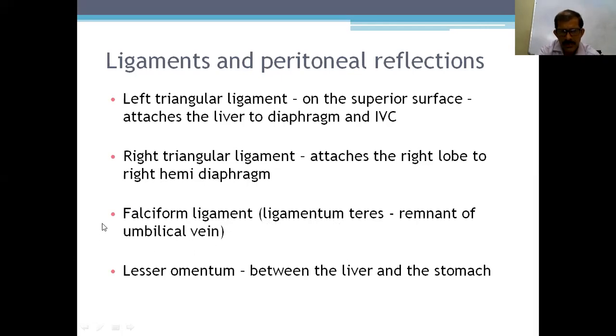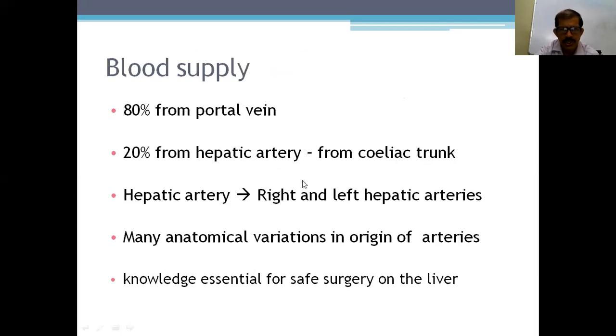Once the baby is born, they will rapidly disappear by becoming ligaments. Another ligament is the lesser omentum between liver, stomach and some part of the duodenum also. So these are the ligaments which keep the liver in its position.